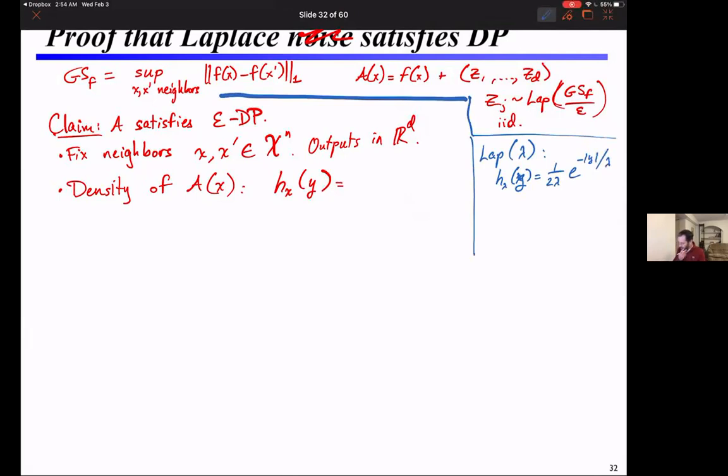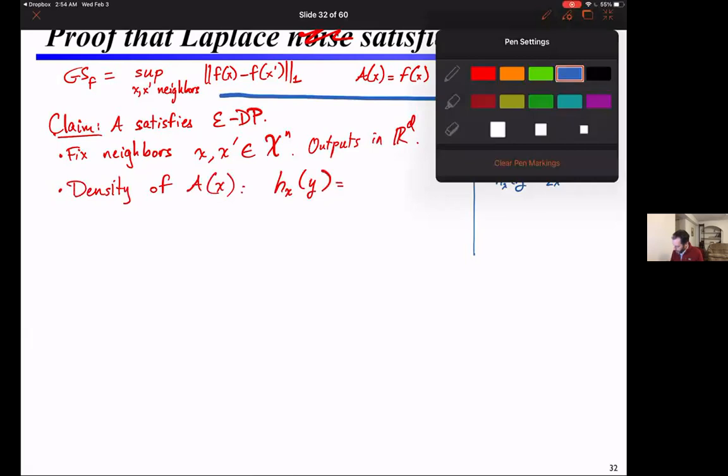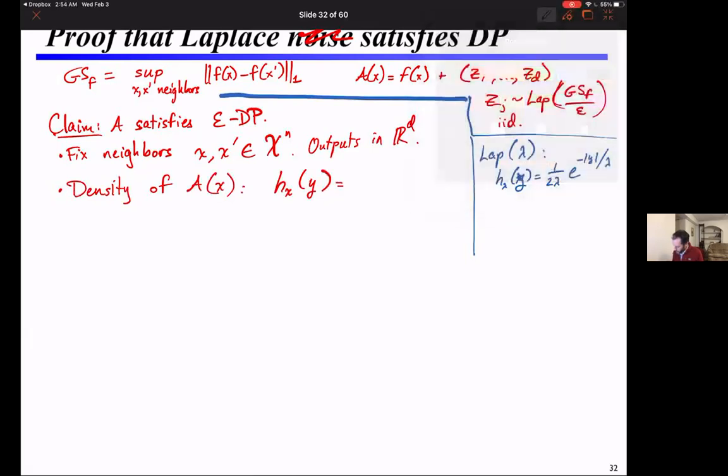Remember lambda is just the scaling factor. And so coming back to our calculation, we've got this 1 over 2 lambda, so that's epsilon over 2 times the global sensitivity. I'm going to save myself some writing by letting capital delta be the global sensitivity. It's going to make the equations a little easier to read if I just use that notation.